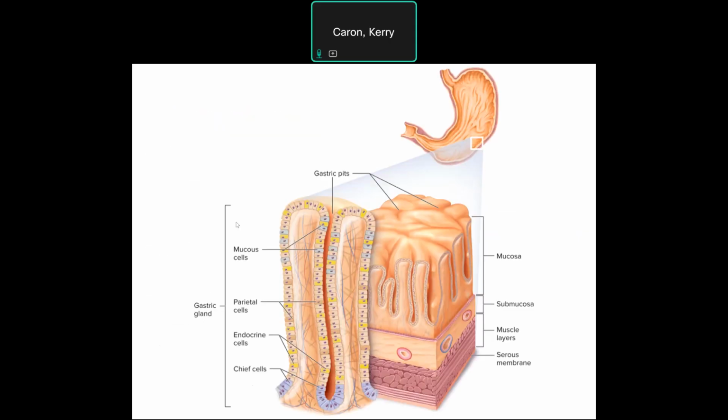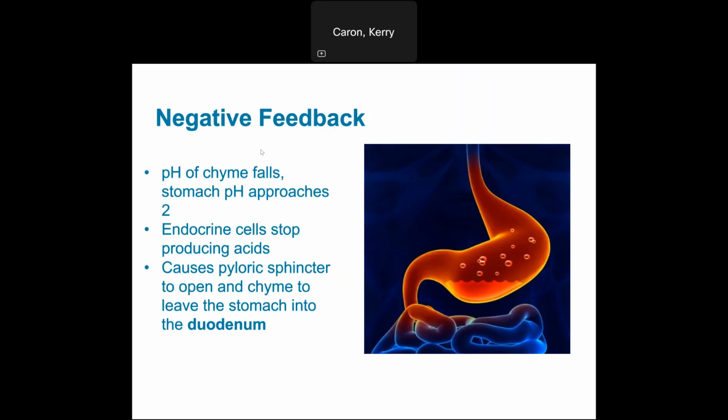Okay. And here's another really nice picture of the chief cells and the parietal cells and all the pits that create the gastric juices. We have another negative feedback loop. Remember homeostasis being so important with everything within this course. The pH of chyme falls, right? It was a bolus.